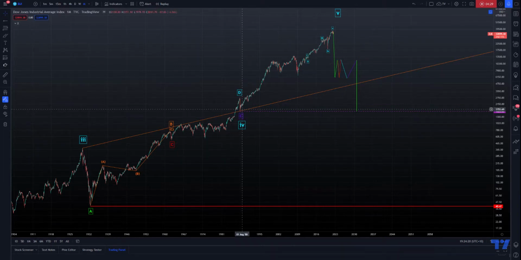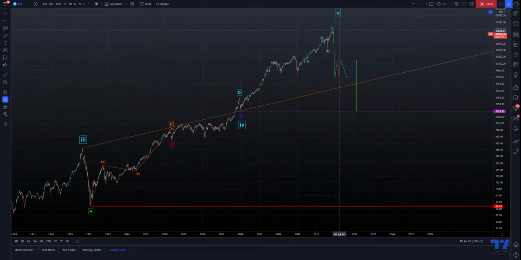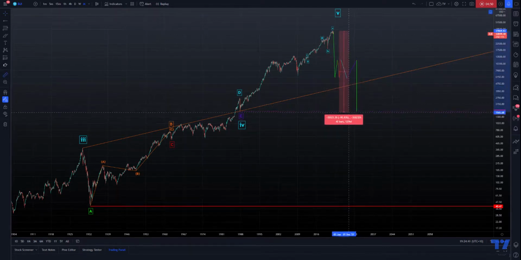When I say long-term, it's expected to go back to the 4th wave area. Whether or not that is anywhere below the 1987 area is yet to be seen, but regardless of how low it goes, even if it goes down that low, it would still be 95%.